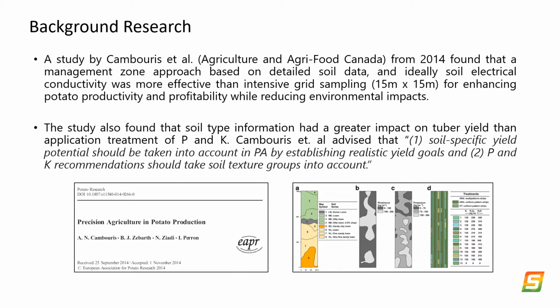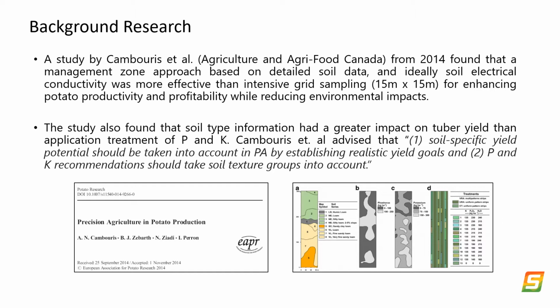What they found was that the soil type in the management zone strategy had a greater impact on yield and more efficient applications of phosphorus and potassium. And they advised that soil-specific yield potential should be taken into account in precision agriculture by establishing realistic yield goals, and phosphorus and potassium recommendations should take soil texture groups into account.